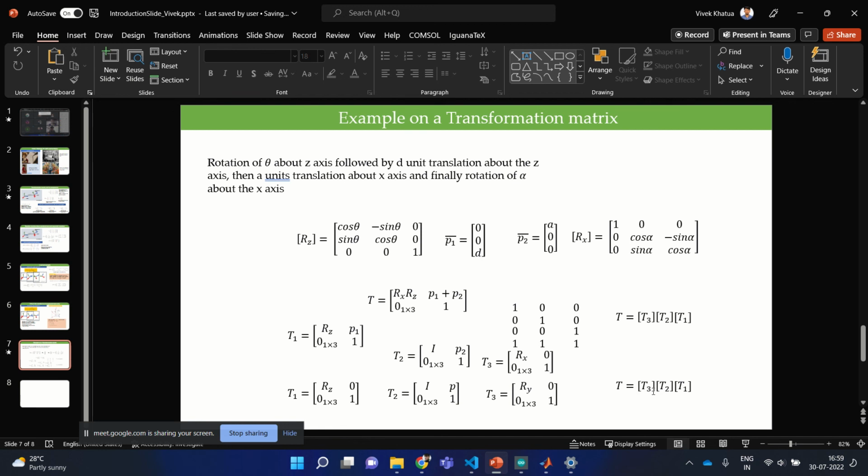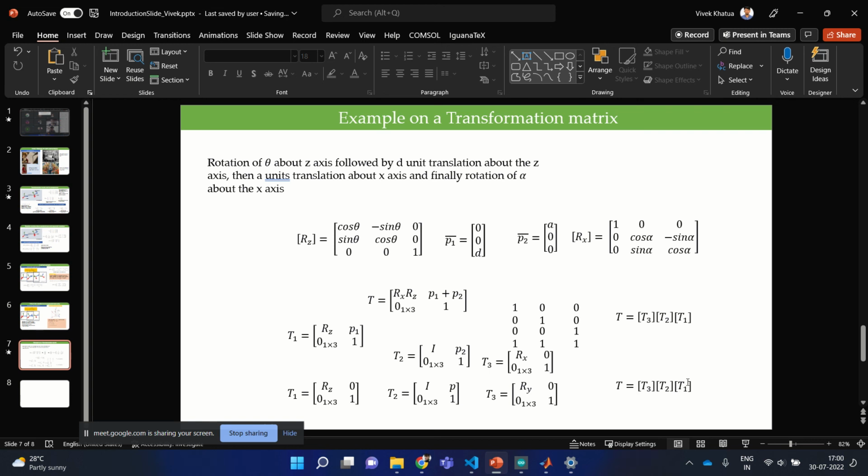In standard textbooks, like John Craig's Introduction to Robotics, which is prescribed as a reference book, they represent this matrix with indices like 1 to 0 or 0 to 1, bottom 0, top 1.